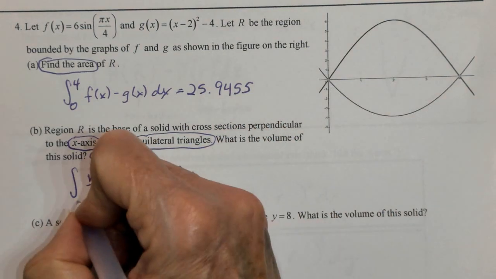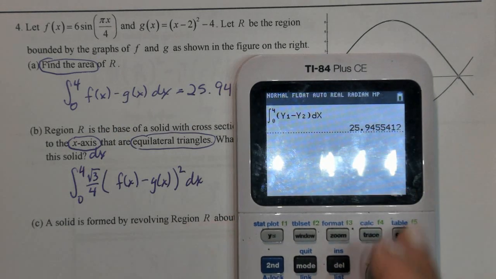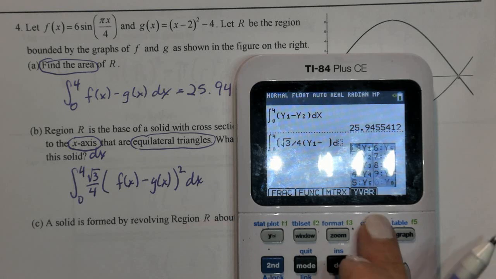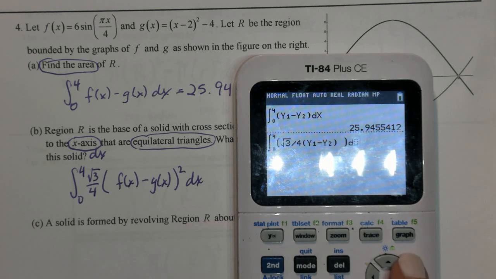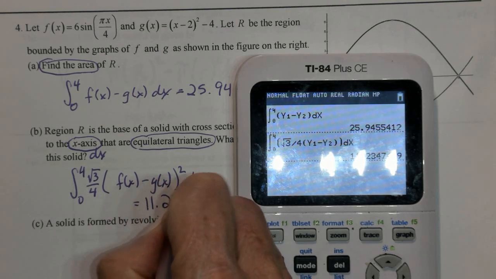Yep, still 0 to 4. Math 9, 0 to 4, square root of 3 over 4 times (y1 minus y2) squared, dx. 11.2344235.